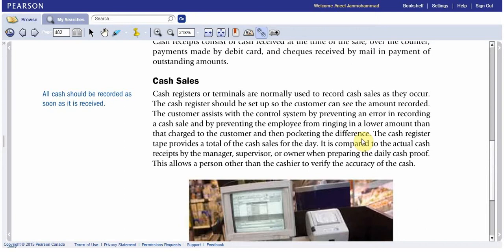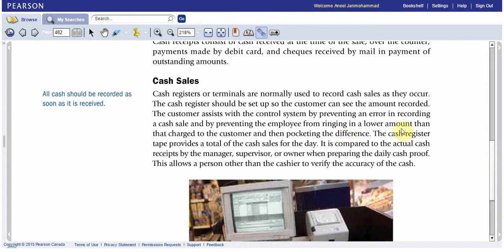The customer still gives the employee $50 and the employee just pockets the difference. So that's wrong, and the customer can help in controlling this by actually looking at what's being rung in on the cash register. So that's one step. That's one control procedure. That's a good thing.